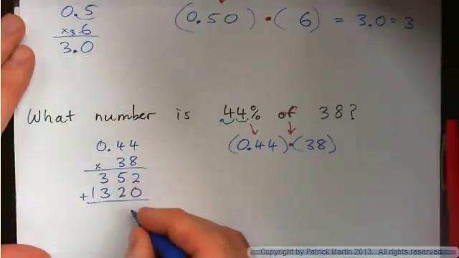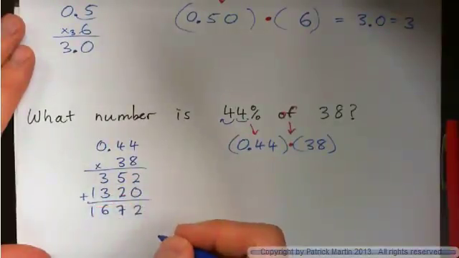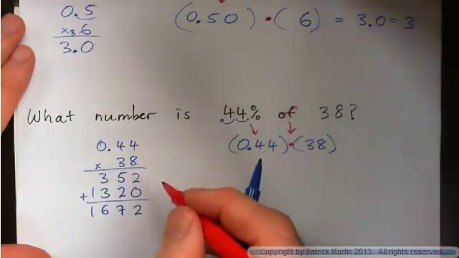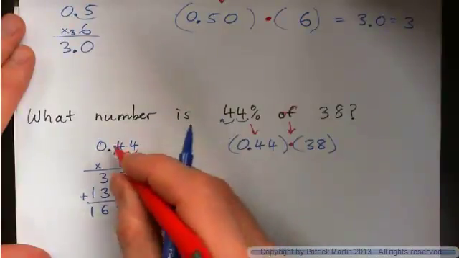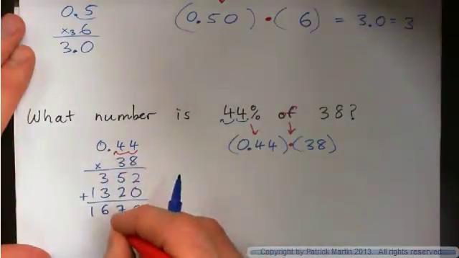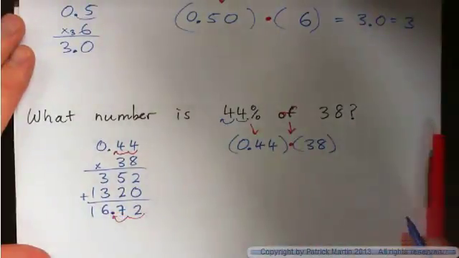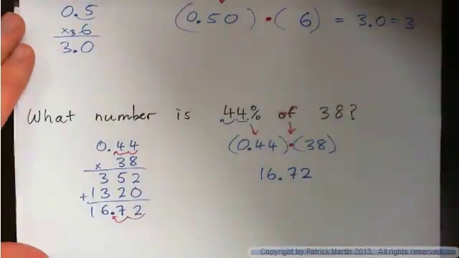Add these: 2, 7, 6, 1. And there are 2 decimal places in the problem, so there's going to be 2 decimal places in the answer. So 16.72 is the answer.